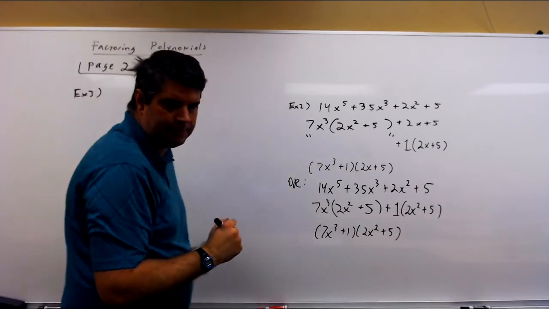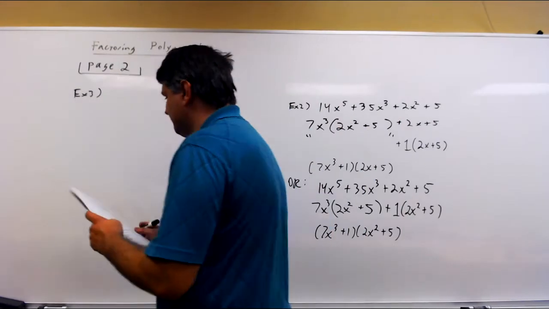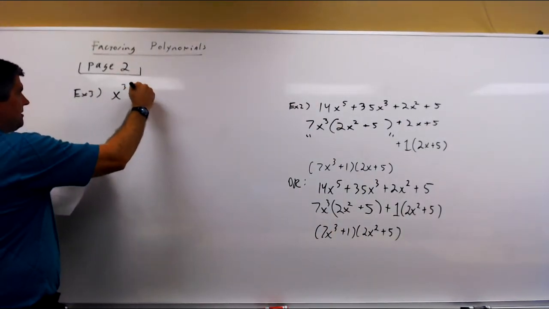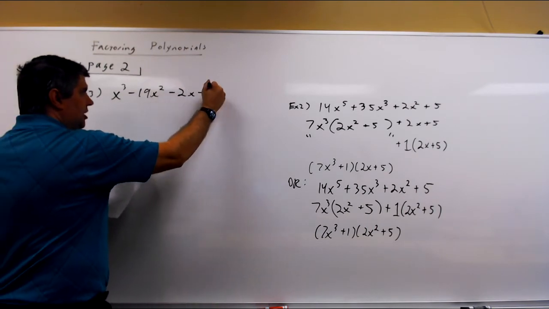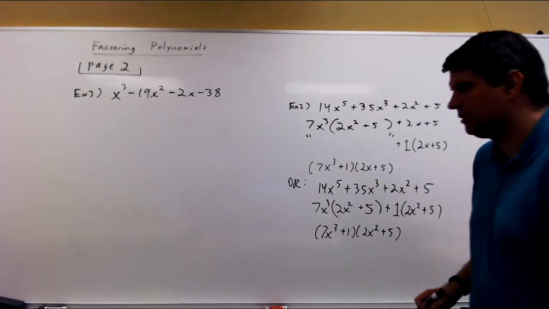Example 3 is x cubed minus 19x squared minus 2x minus 38. Okay?